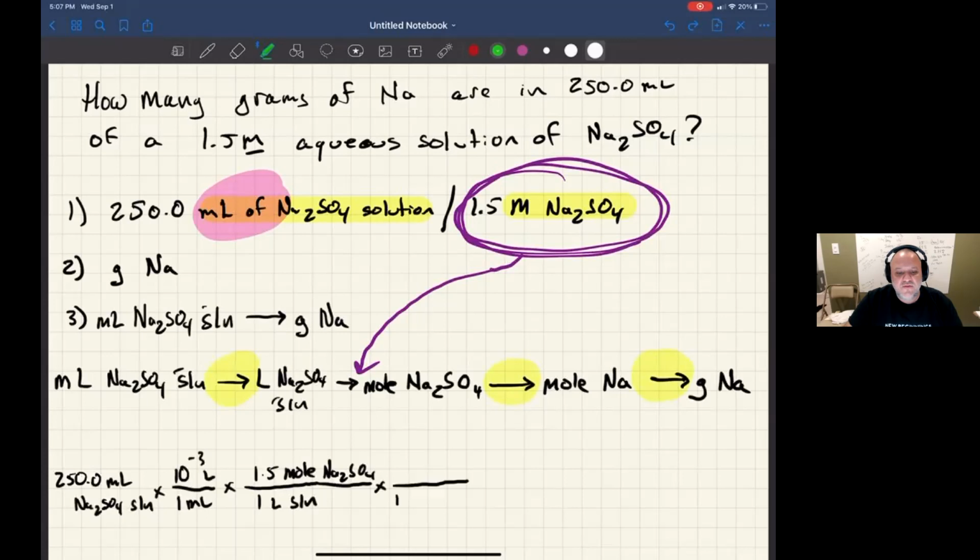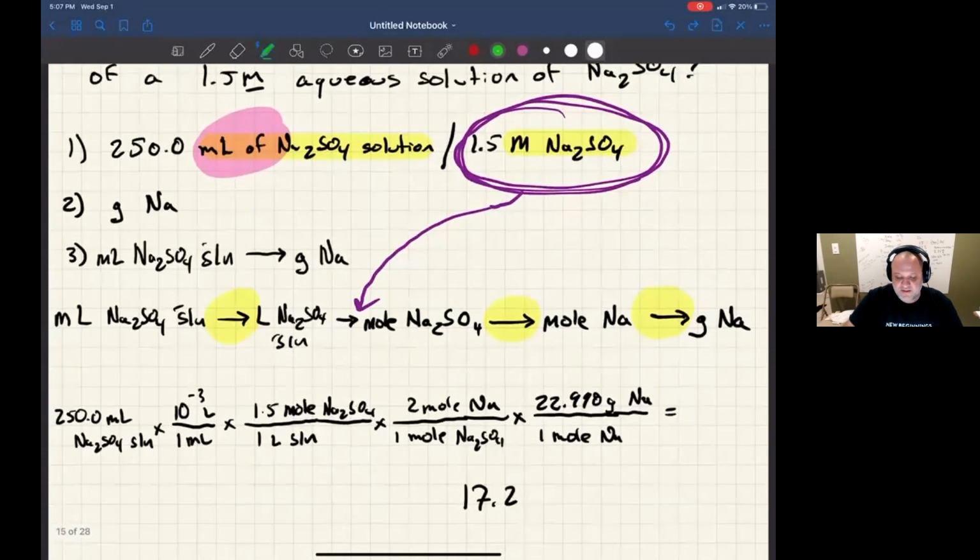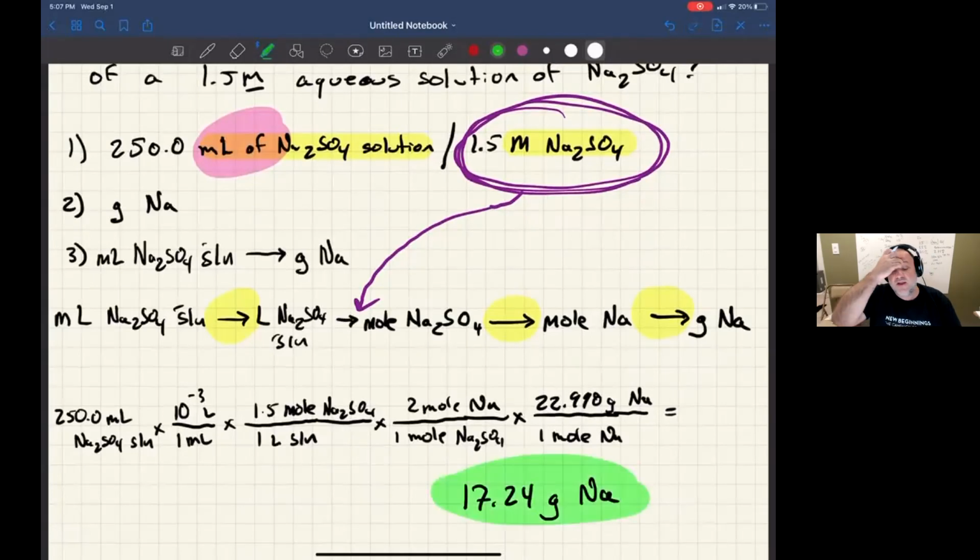Then I can use the formula to say that 1 mole of sodium sulfate is 2 moles of sodium, and then go to the molar mass on the periodic table to say 1 mole of sodium is 22.99 grams of sodium. The rest I put into my calculator, and I get 17.24 grams of sodium, and that's the final answer.